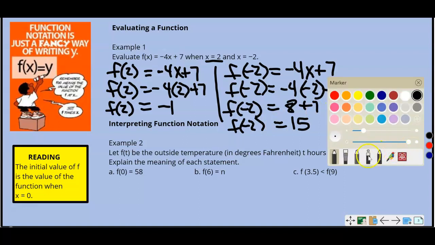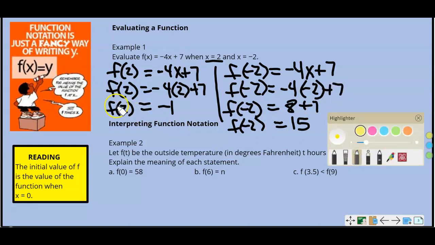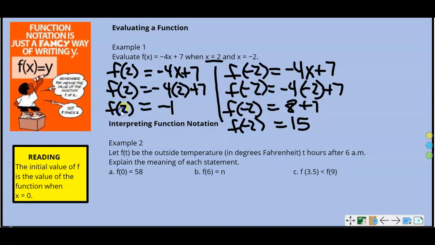So again, you have an input and an output. This is your input, the independent variable. This is your output, the dependent variable, which depends on what value of x you plugged in. This is my input, and this is my output.